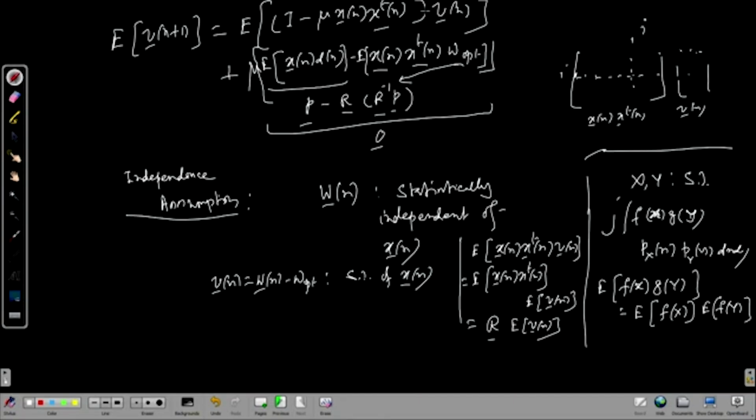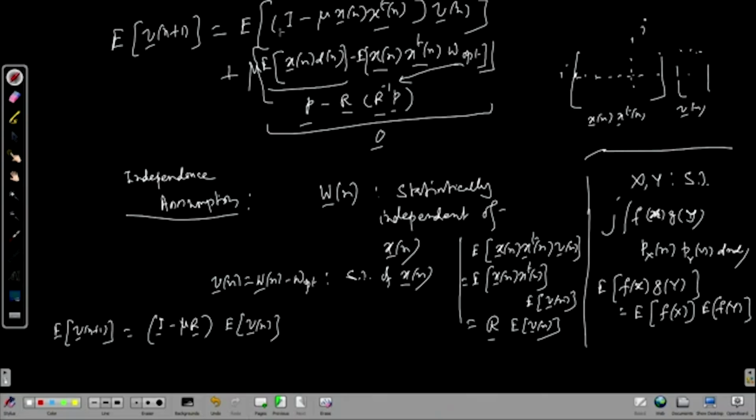So, E of I into v(n) is E of v(n), minus mu times E on this, which is R, into E of v(n). So, this will give rise to this: I as it is minus mu, this part will give you R, and E of v(n). I into E of v(n) is E of v(n), and that is what I have here.